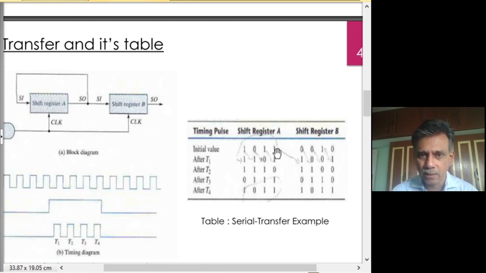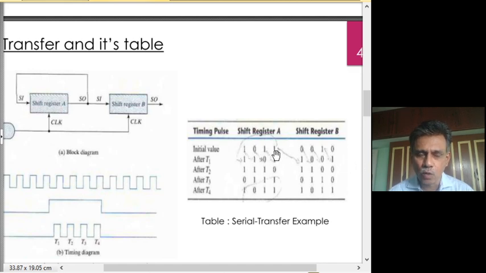So this bit, the LSB position of the shift A register, comes and occupies the MSB position of shift register B, while this 0 comes and occupies here, this 0 comes here, this 1 comes here, this 0 goes away, vanishes in thin air.